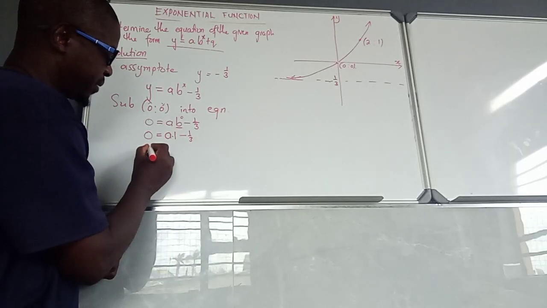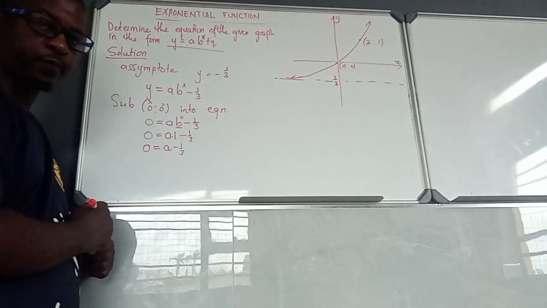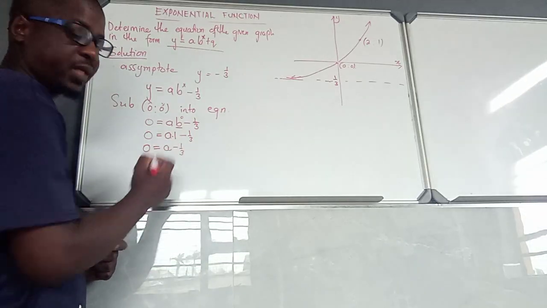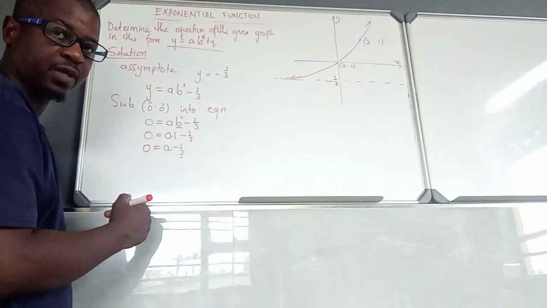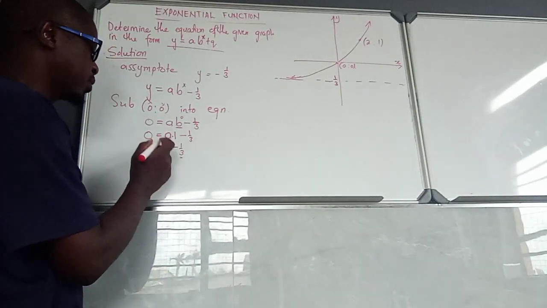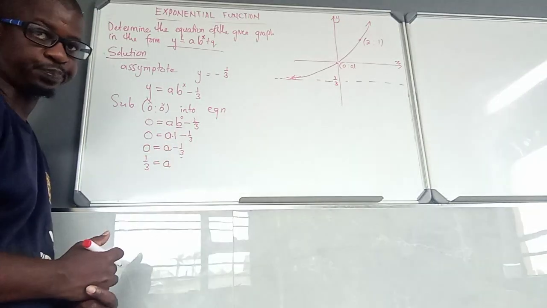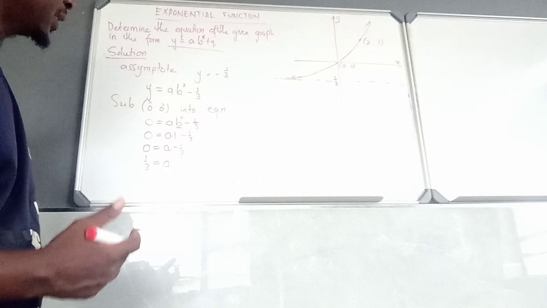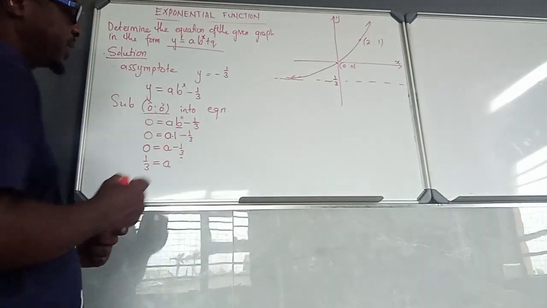So this now becomes 0 is equal to a minus a third. a times 1 is a. So I'm going to take this to the other side of the equation. It becomes a positive a third, because if this crosses over the sign, it becomes positive. So a is equal to a third. I have substituted this, and what is my next step?